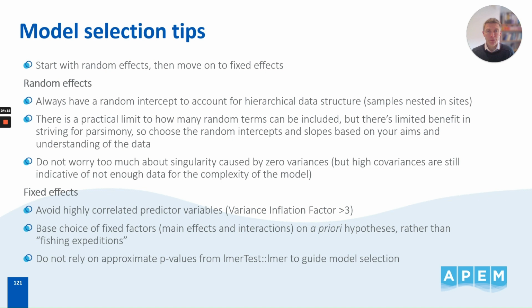Having got the random effects as we want them to reflect the hypotheses that we're testing, and also to make sure that they're no more complex than can be supported by the data, then we can turn our attention next to the fixed effects. We can have any number of fixed effects in the model, and those can be continuous or categorical variables. The most important thing is to ensure that we avoid including in the model any variables which are very highly correlated.